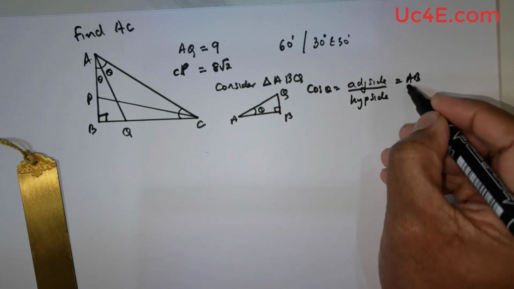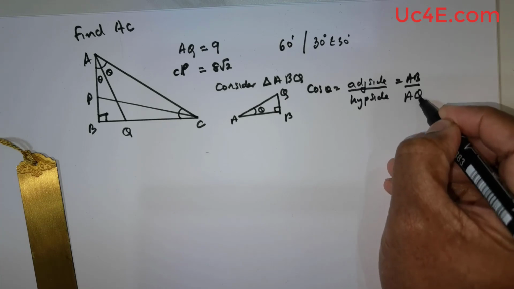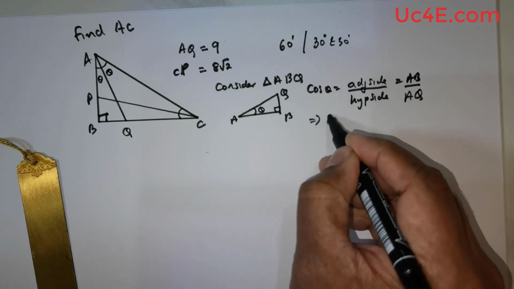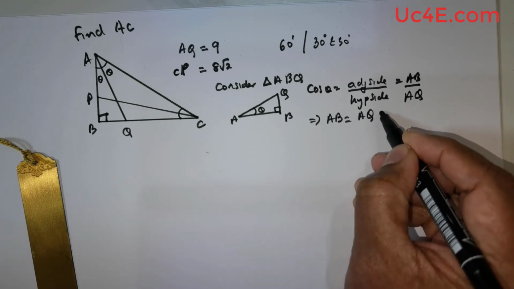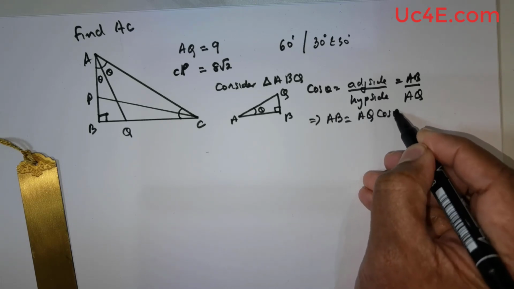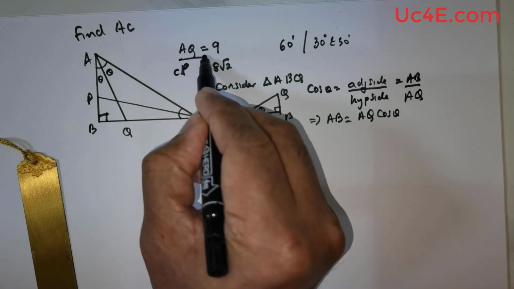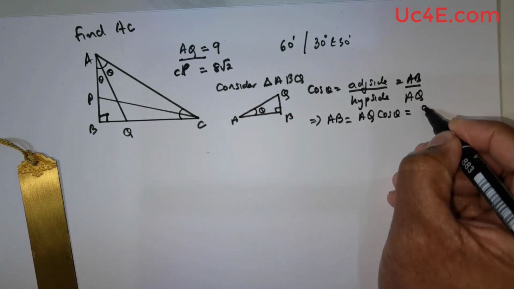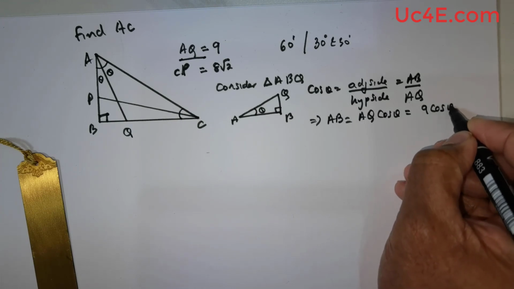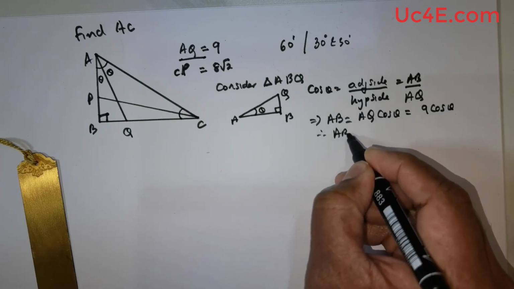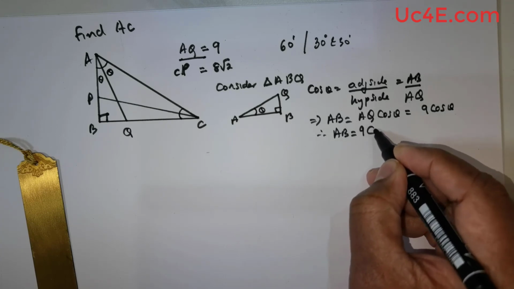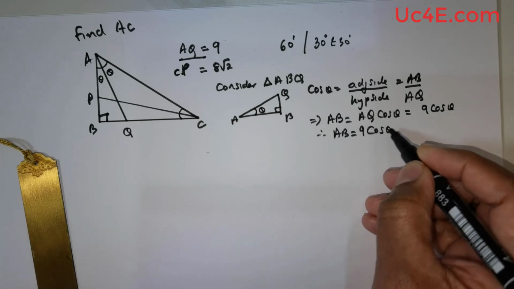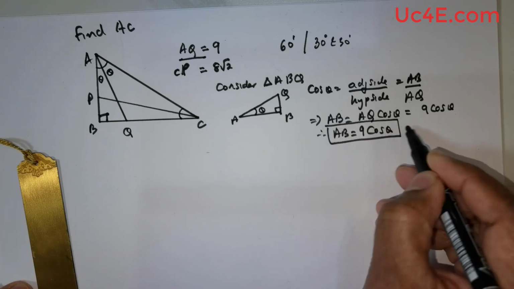What is the hypotenuse side? AQ. So this would mean I can rewrite AB as AQ times cos theta. But AQ is given to be 9 units. So this is going to be 9 times cos theta. So therefore I now have the equation AB equals 9 times cos theta. So let me take that to be 1.